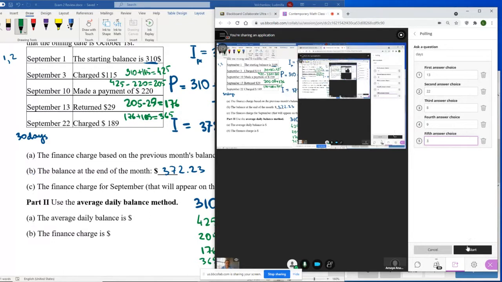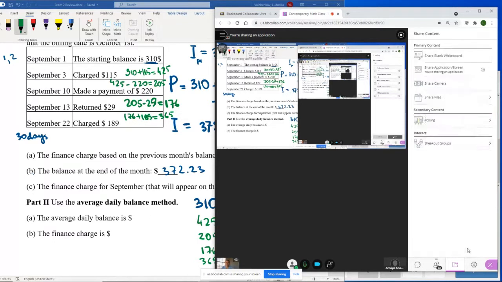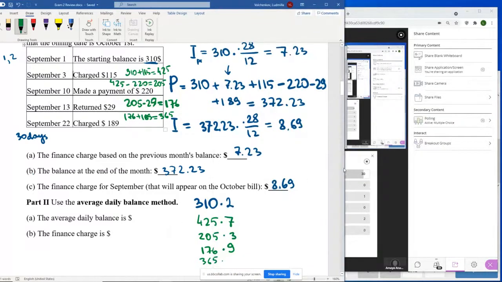You can ask if you have a question. This is the place where you usually make mistakes. This method is not so difficult from the point of view of calculation, but students often make a mistake with determining the number of days with the same balance.